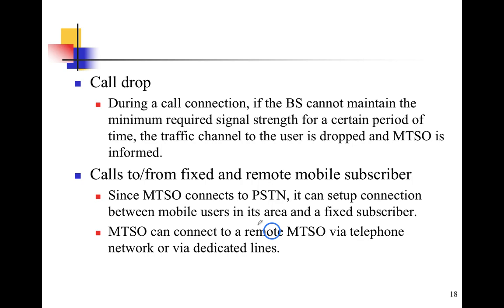Another function of the MTSO is call drop. During a call connection, if the base station cannot maintain the minimum required signal strength for a certain period of time, the traffic channel to the user is dropped and the MTSO is informed. For example, you are heading towards no coverage but you are still maintaining the communication.